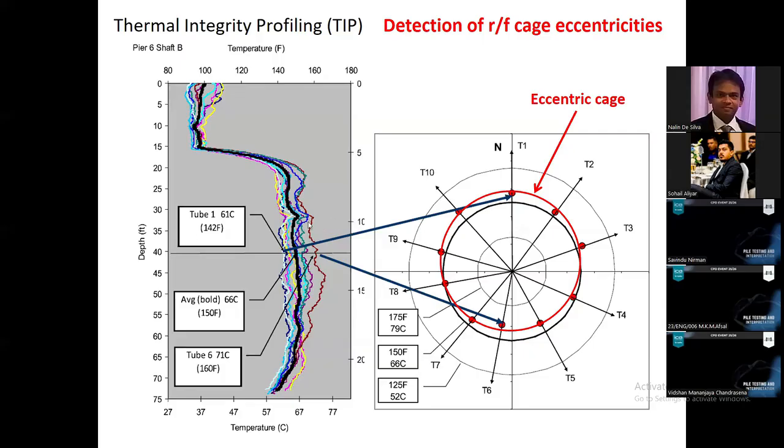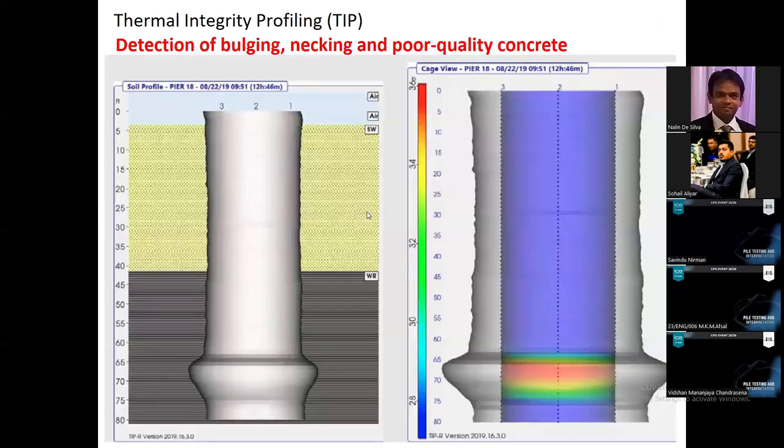Similarly, for other depths also, you can plot the alignment of the cage, and the analysis software can give a three-dimensional diagram of the rebar cage, right? Then another record, sorry.